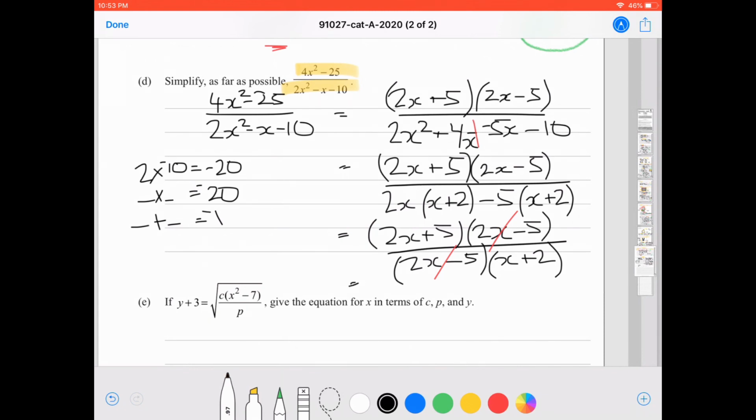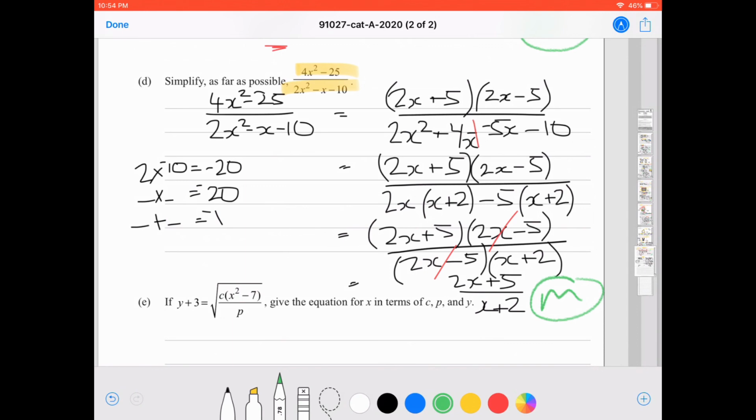And so we're left with a final answer of 2x plus 5 over x plus 2. And that is the correct equation here. So correct simplification of the expression gets you the merit.